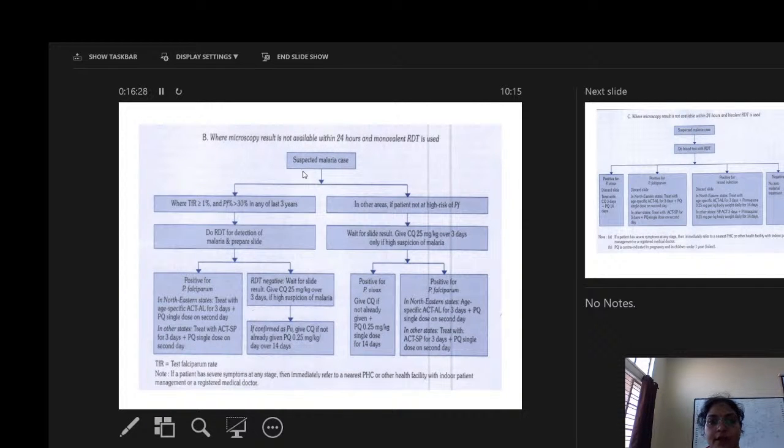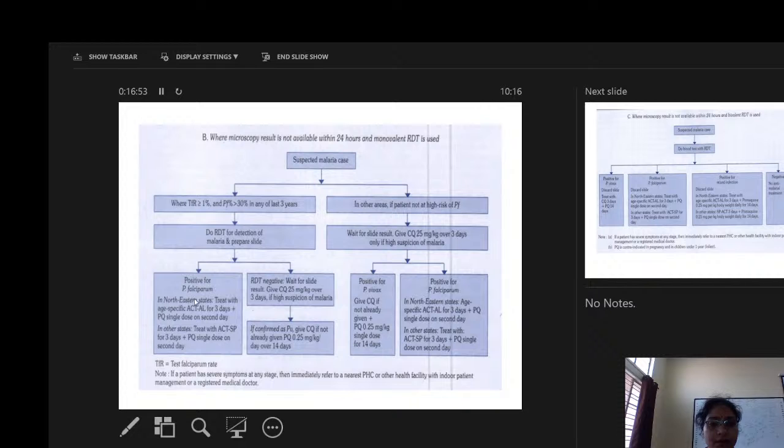Now, when microscopy result is not available within 24 hours and monovalent RDT is used: in a suspected malaria case, where TFR is more than 1% or PF percentage is more than 30% in any of the last 3 years, you have to do RDT for detection of malaria and prepare a slide.